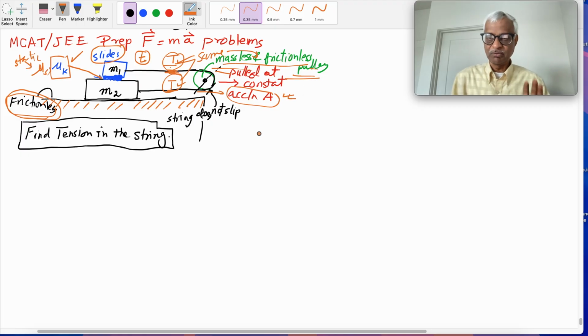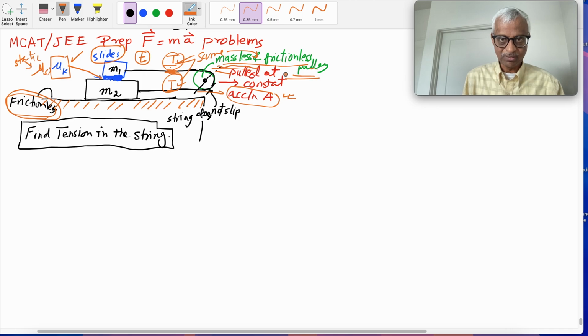We've talked about this. If you don't understand this, you should go to some previous videos. The massless and frictionless pulley makes the tension on both sides the same. Okay.